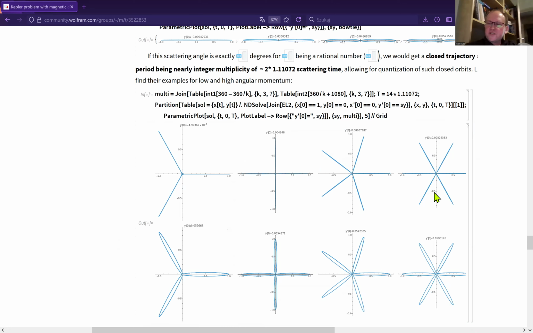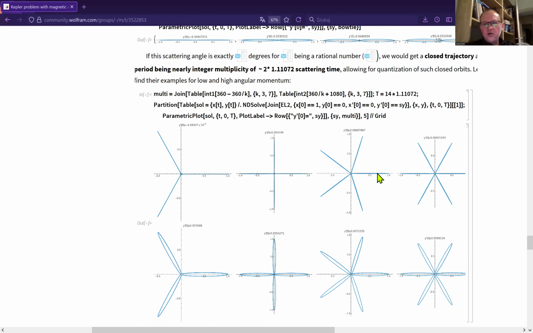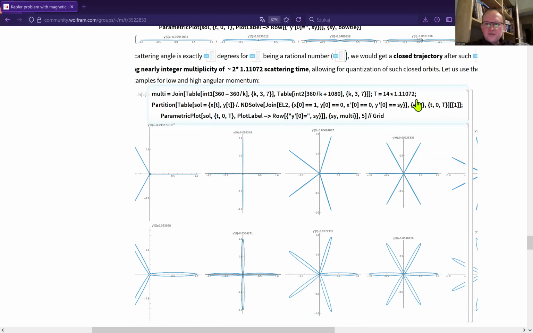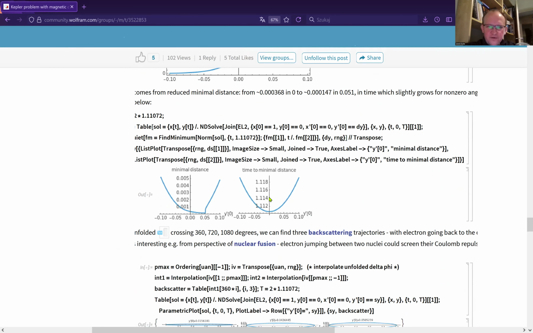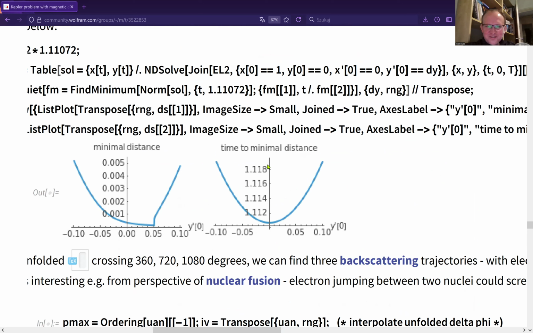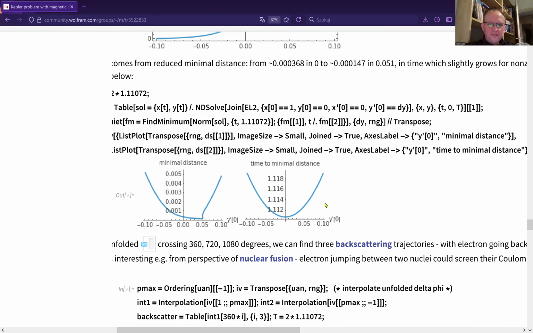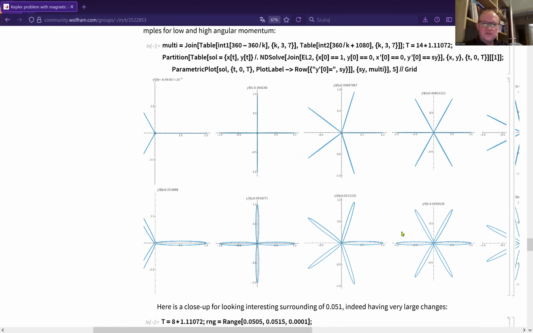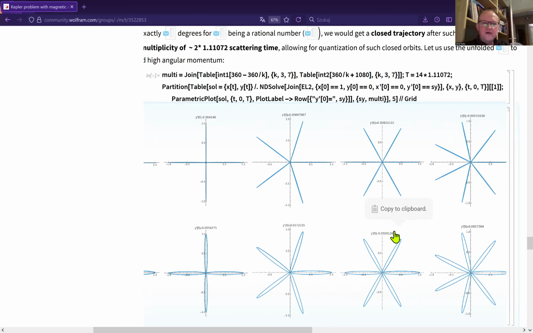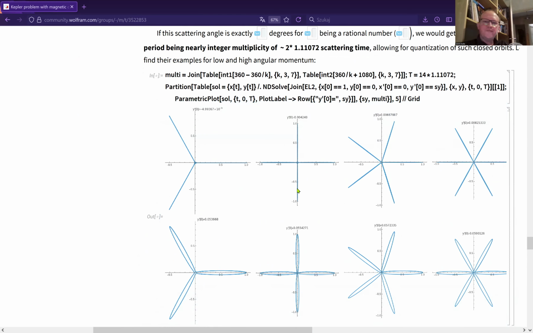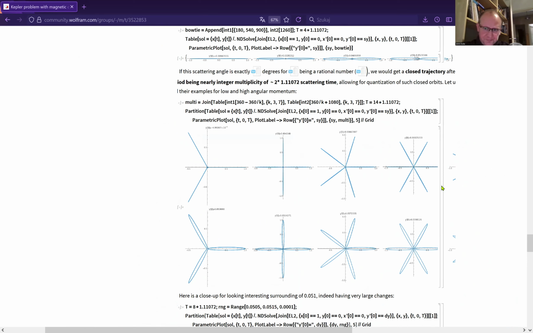The period of such trajectories is very close to just this 111 times 2 times the number of scatterings. So it's not exactly, but very close. So we get this quantization of period, kind of orbit quantization, of multiplicities of some integer, some basic period.